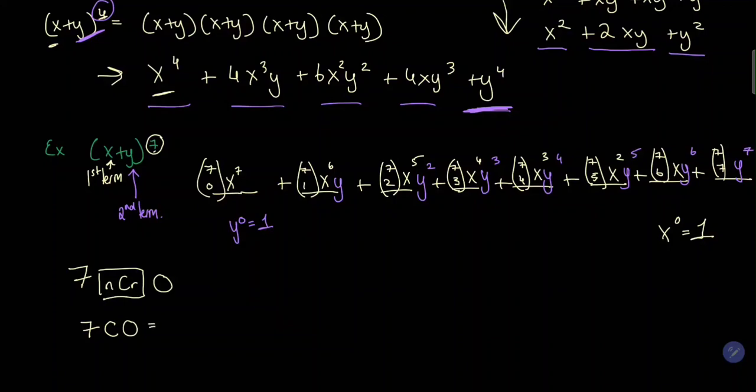And what you're going to get for that one is 1 x to the power 7 plus, put in 7 choose 1 now, you're going to get 7. Follow along with whatever's here. 7 choose 2.